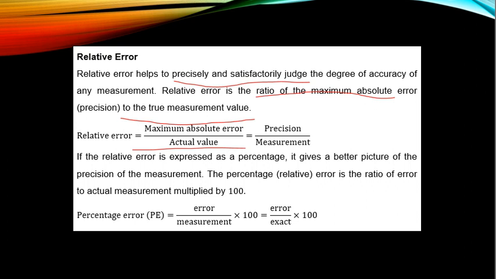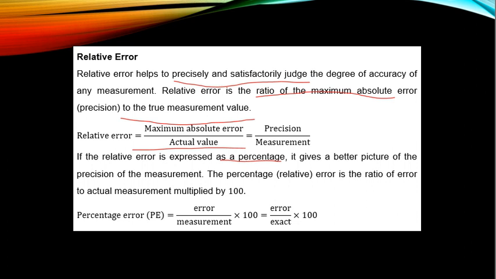Okay, if the relative error is expressed as a percentage, it gives a better picture of the precision of the measurement. So the percentage relative error is the ratio of error to actual measurement multiplied by 100.